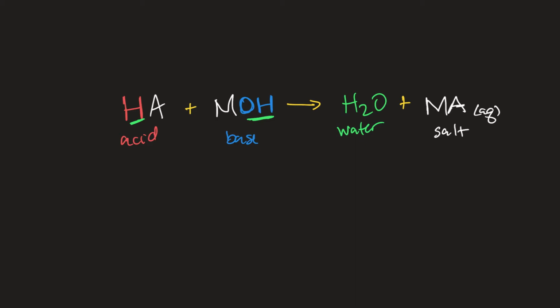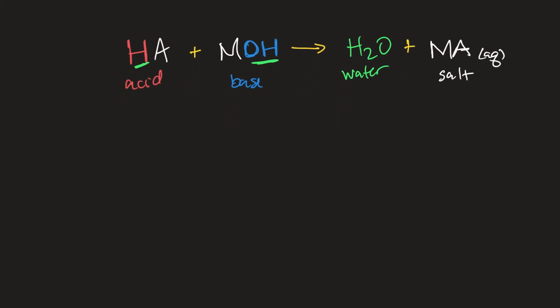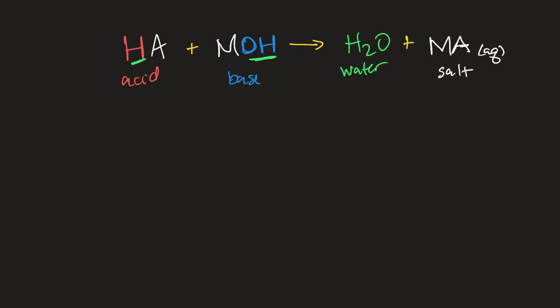Let's look at some examples of this. For example, if we were to mix sodium hydroxide and react it with hydrochloric acid, here is my base and here is my acid.